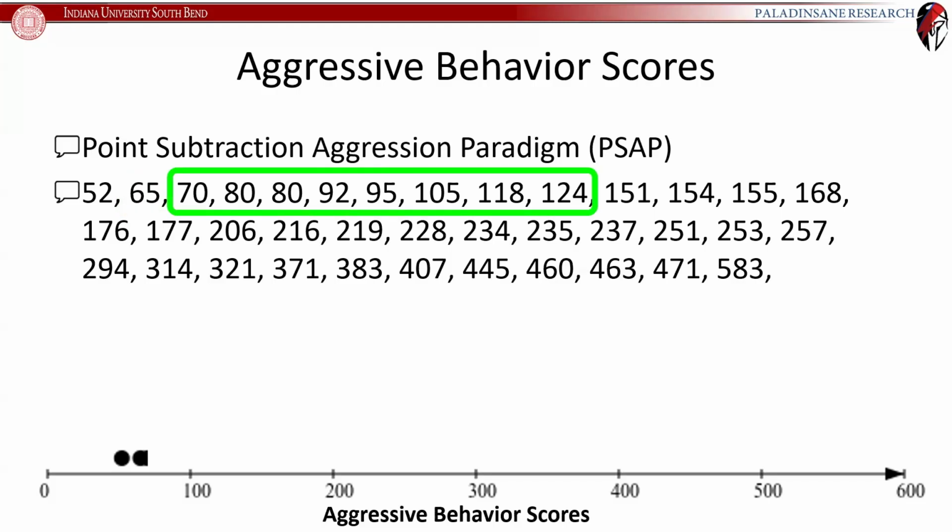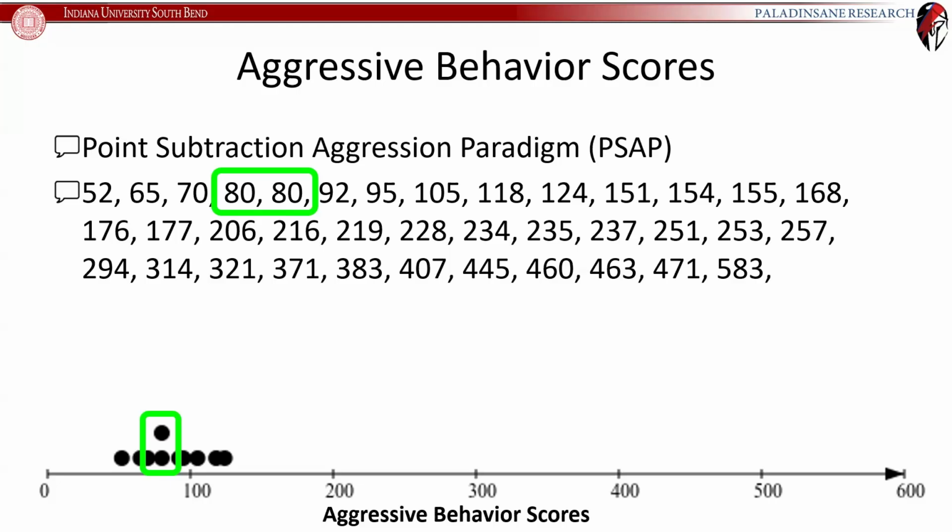So let's do these numbers here. So from 70 to 124, each of those gets a dot on the number line. And you'll notice that we have that first double dot, and that is for the scores of 80 here. Because there's two scores of 80, because two individuals got exactly the same aggression scores, you get one dot for the first 80, and then you get a second dot on top of that dot for the second 80.